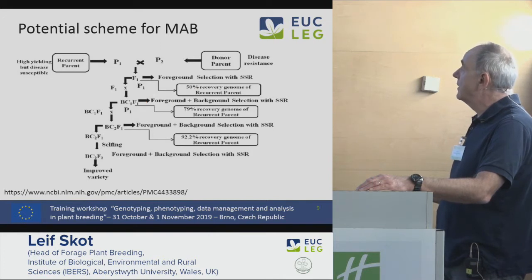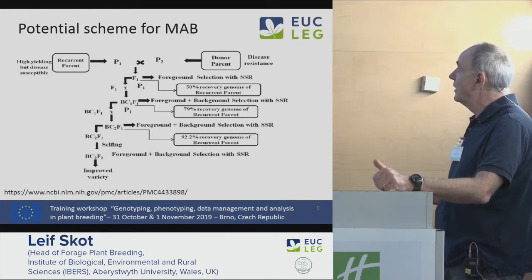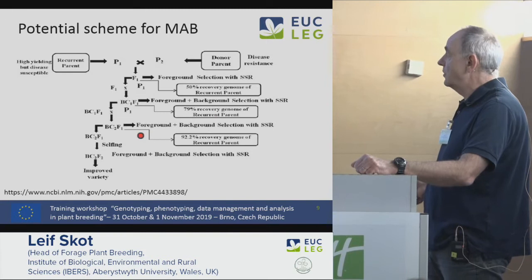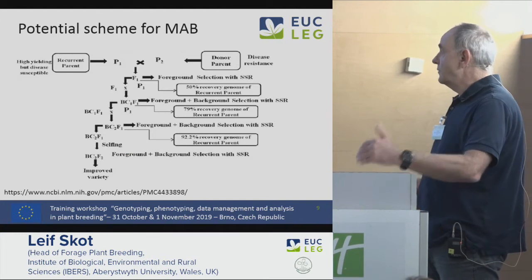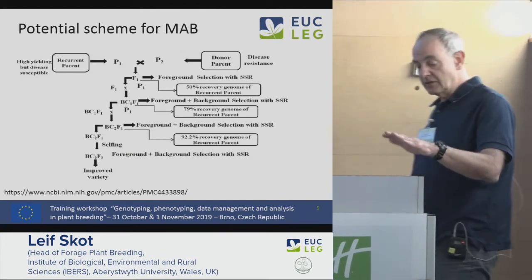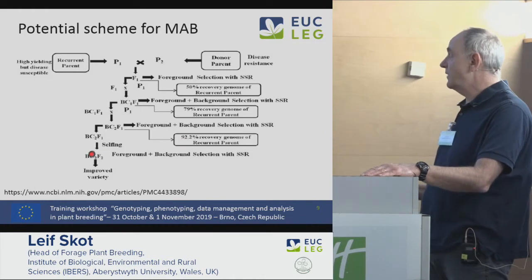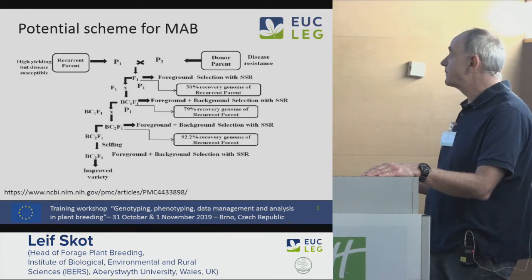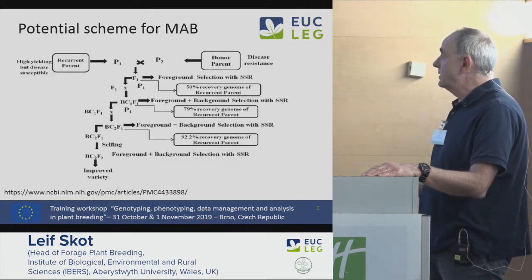In the F1, you have 50% of each genome, and then as you move along, doing foreground and background selection with SSRs, you recover more and more of the recurrent parent as you go through the generations, and eventually you come to a stage where you have to do selfing to get the trait in question in a homozygous state. So you fix it, and then you go on from there and get your improved variety. So that's a basic strategy.